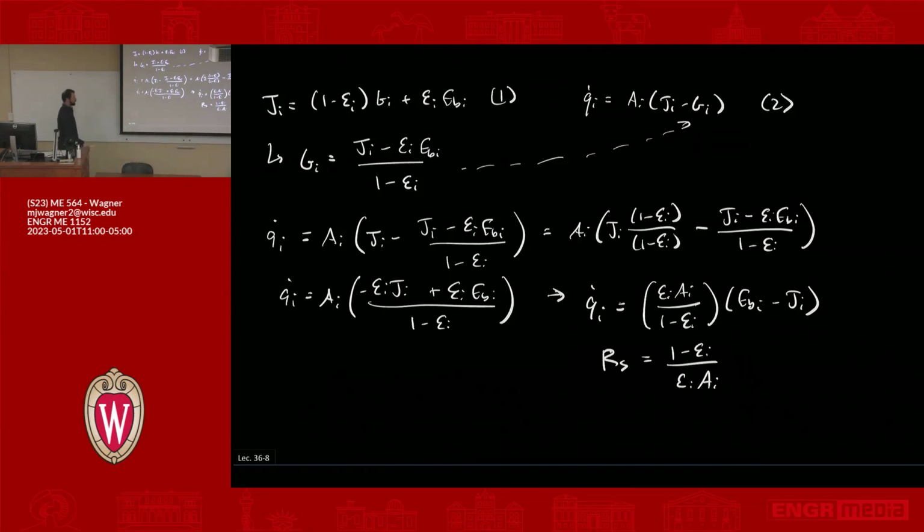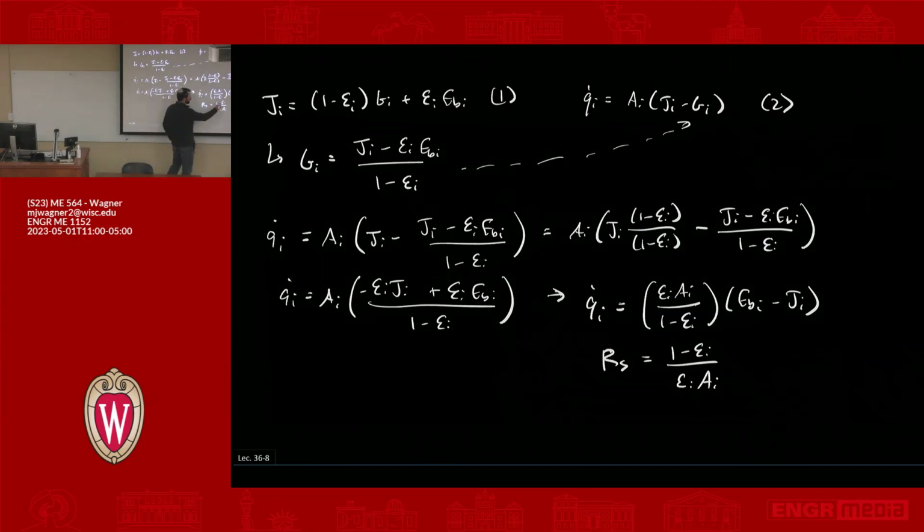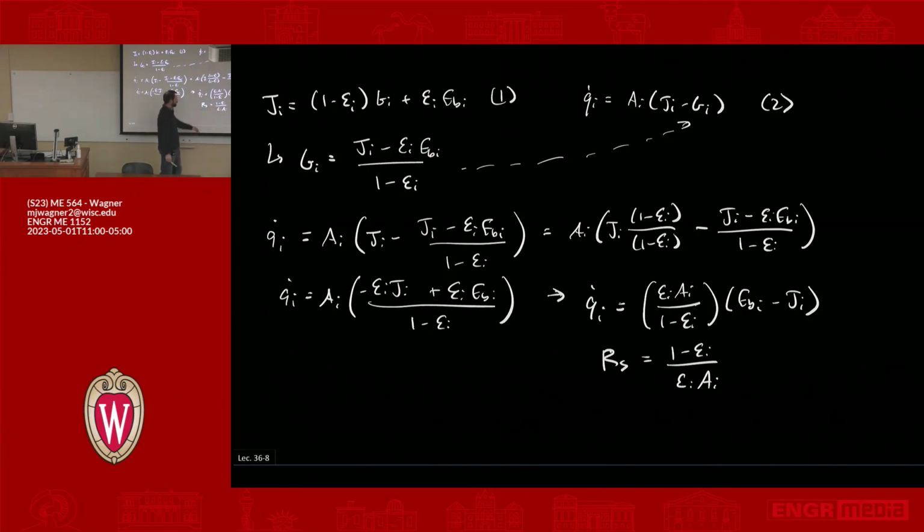This surface resistance characterizes how difficult it is for energy to get past the imperfect, non-black body boundary of the surface. So you can model a surface by saying, I know how much is leaving. I have what's effectively a power output here. I know what the temperature of the surface is.